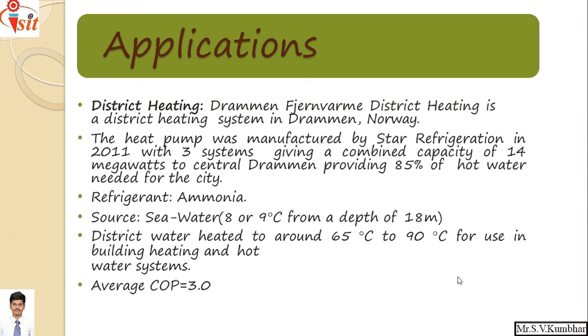The heat pump was manufactured by Star Refrigeration in 2011, with 3 systems giving a combined capacity of 14 megawatt to central Drammen, providing 85% of the hot water needed for the city. The refrigerant used was ammonia, the source was seawater at 8 to 9 degrees from a depth of 18 meters, and district water is heated from around 65 to 90 degrees for use in building heating and hot water systems. The average COP was 3.